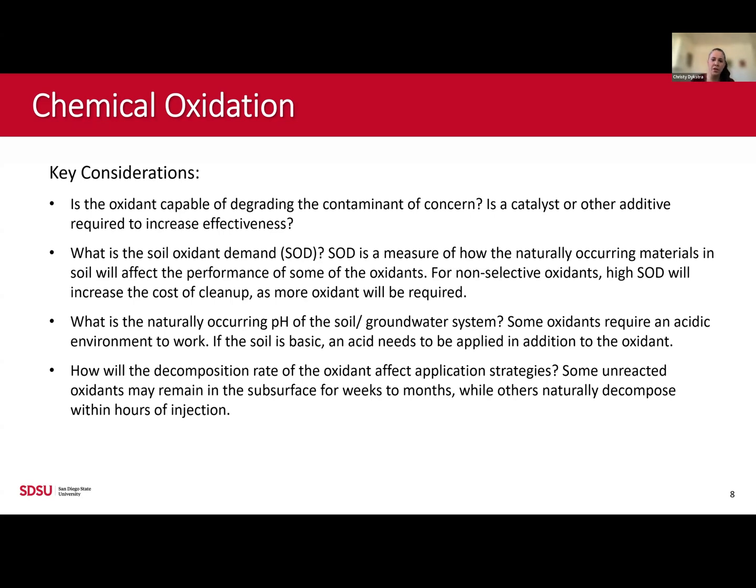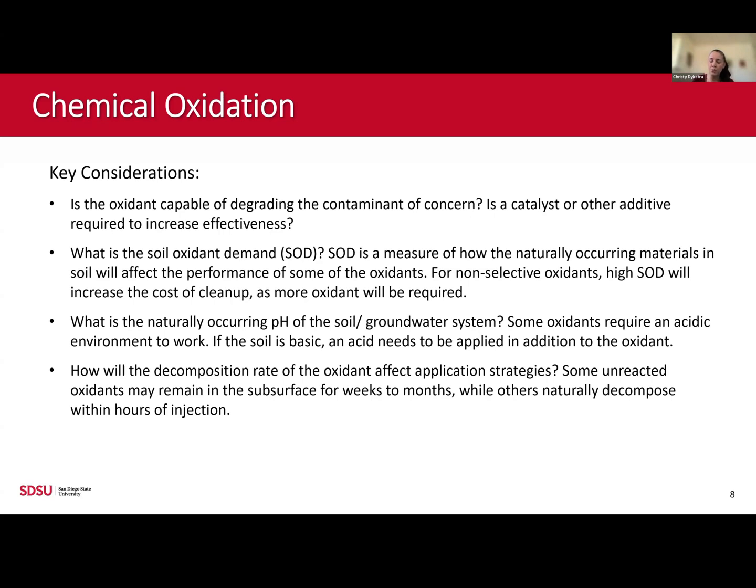As you can imagine, if we just put this chemical oxidant into the soil, there's a lot of other stuff there, including organics and humic acids and other things that this oxidant is going to react with.